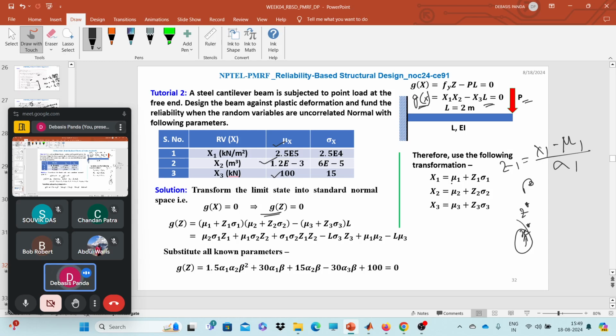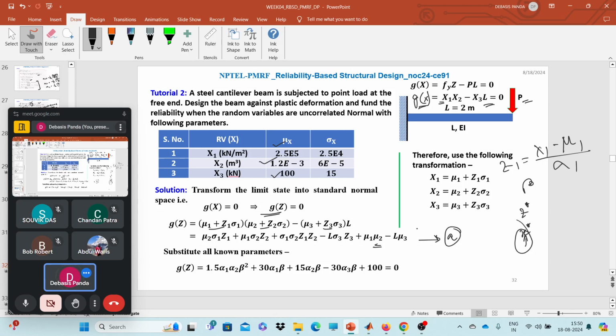So x1 is equal to mu1 plus Z1 sigma 1. Just put it here instead of x1, and similarly for x2 and x3. Up to this clear? Now simplify the equation. You will find this as the limit state function in standard normal space.